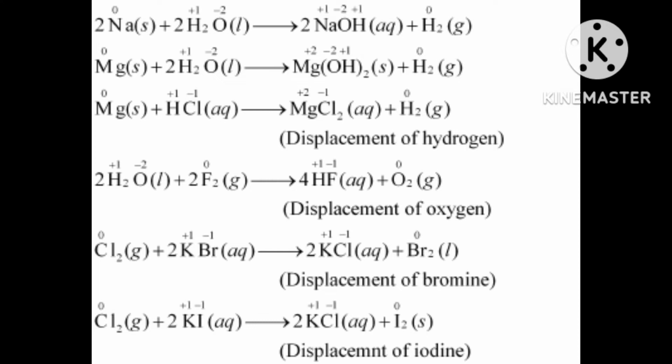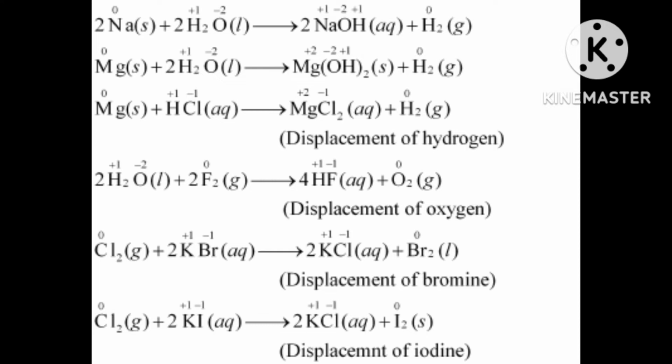It is also there. The power of these elements as oxidizing agent decreases as we move down from fluorine to iodine in the halogen group. Top is fluorine. After that, chlorine, bromine, iodine.